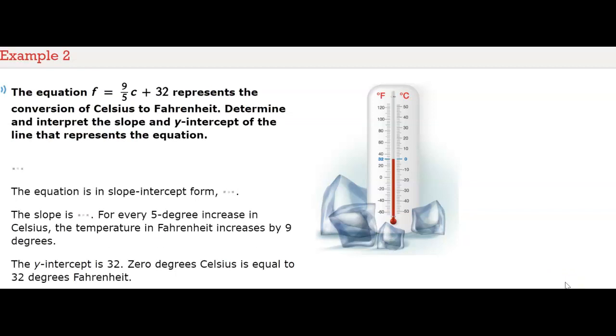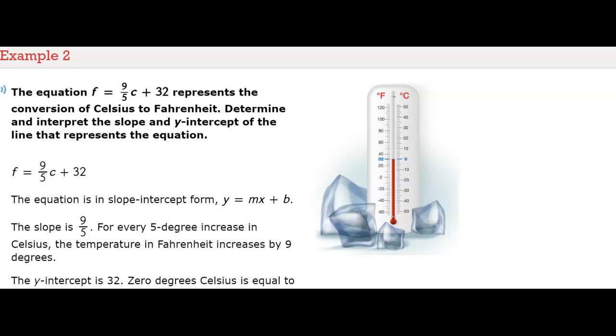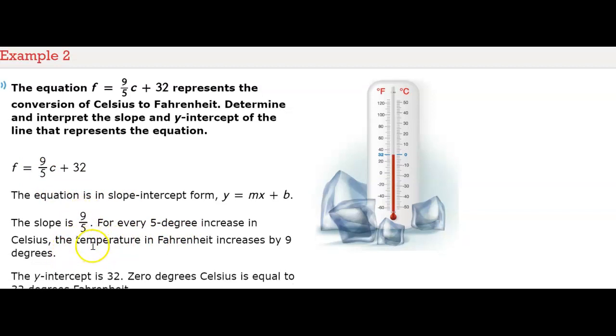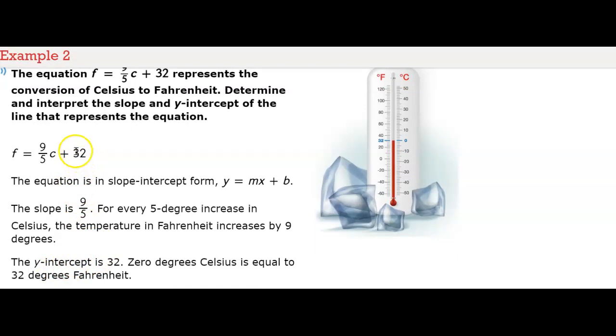The equation is in slope-intercept form, y equals mx plus b. So the slope is 9/5. For every 5-degree increase in Celsius, the temperature in Fahrenheit increases 9 degrees. The y-intercept is 32, so 0 degrees Celsius is equal to 32 degrees Fahrenheit.